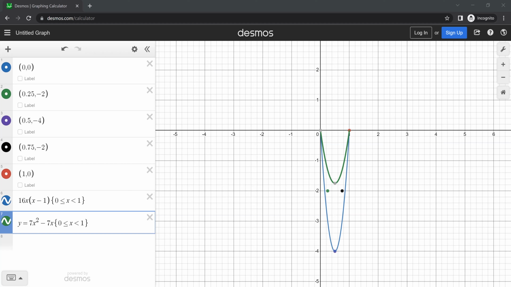This one was at 1/2 comma -4. This one was at 1/2 comma -1.75.